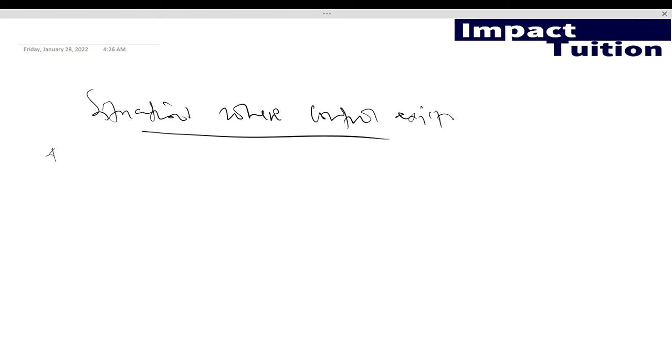An illustration: Company A, Company B. Now A obtains 50% plus of the voting rights, or 50% plus of the shares in B. The moment this happens, A obtains control of B. So in such a situation, we can clearly say that control exists.